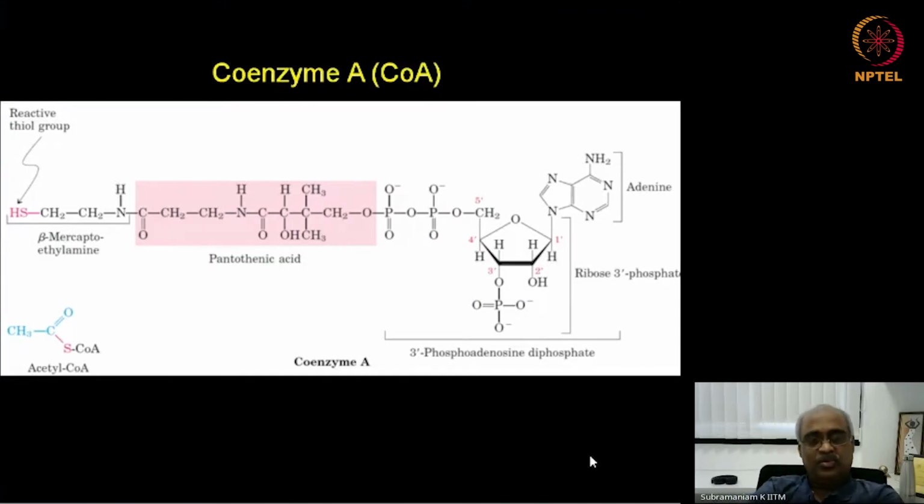And this is the 4th one, pantothenic acid, highlighted in pink here. This is an important B complex vitamin. Just like the absence of thiamine has serious consequences, often death, very similar things will happen if you don't have pantothenic acid.